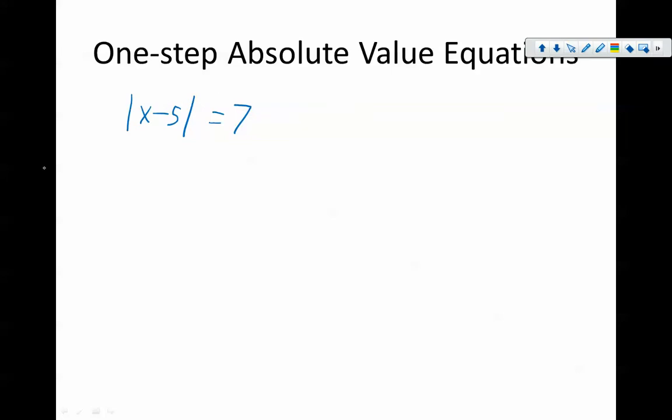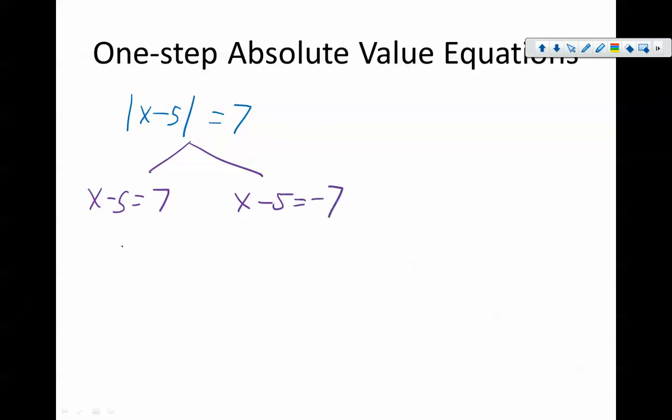We could guess and check at those, but there is a process that allows us to do it. What we're going to do is what we did on the previous slide, where we split it into two. Notice there are two ways that we can have a distance of 7. I can find the number that is a distance of 7 away, or I can find the number that is a distance of negative 7 away.